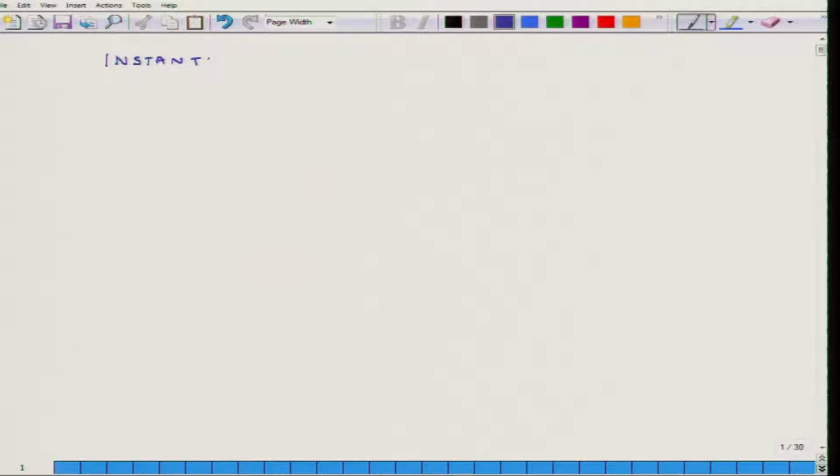so instantaneous power. Let us call this P as a function of t.